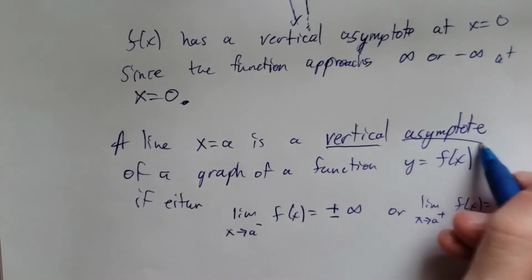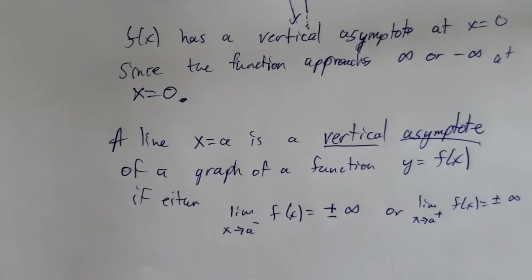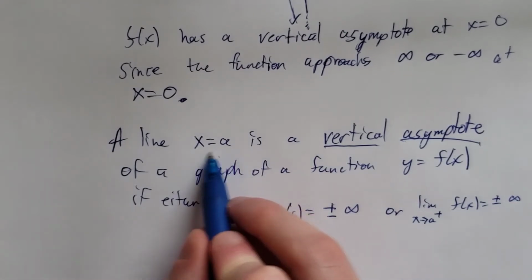And so that's our definition of a vertical asymptote, and notice that the function only needs to approach either positive or negative infinity from one of the directions, and then we will have a vertical asymptote at that x equals a value.